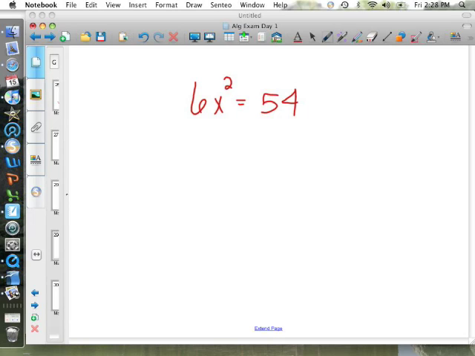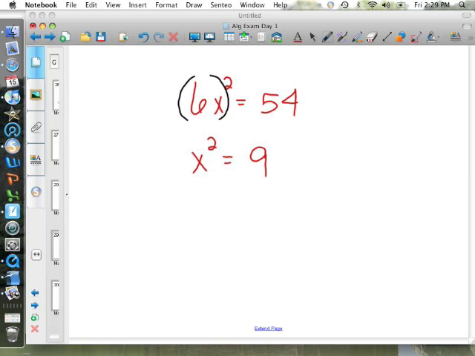6x squared equals 54. Same principle here. I have one term with a variable in it. I'm going to isolate that variable and take away the square. The reason I'm going to divide by 6 first is because 6 is not being squared with the x. Now, if it had been, then I would take the square root first. But that wasn't the case.